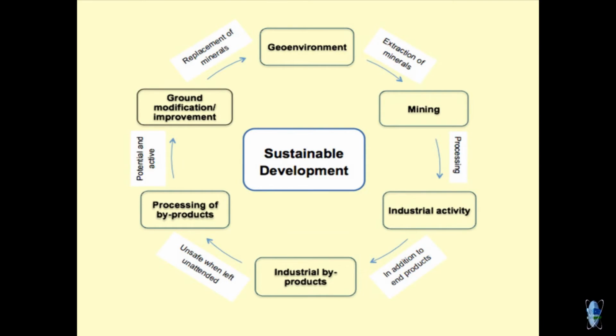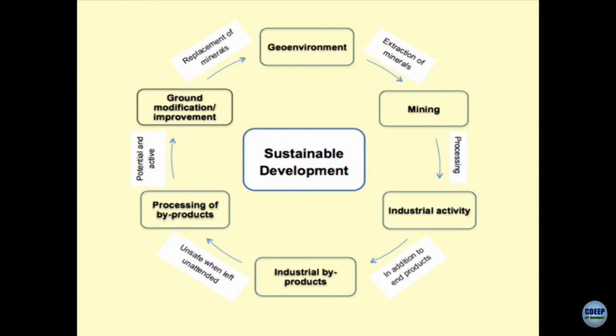So, when you do extraction of minerals by mining, you do processing of the minerals, industrial activities, and you produce end products and byproducts. These are known as industrial byproducts, which we are talking about. These industrial byproducts are unsafe when you leave them unattended. We have discussed several issues. Stability is an issue, leaching is an issue, fire is an issue, mosquito breeding is an issue, and so on.